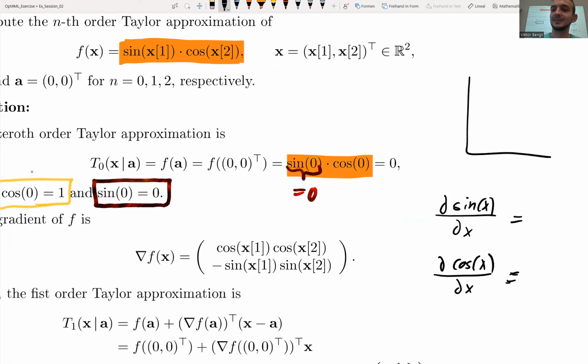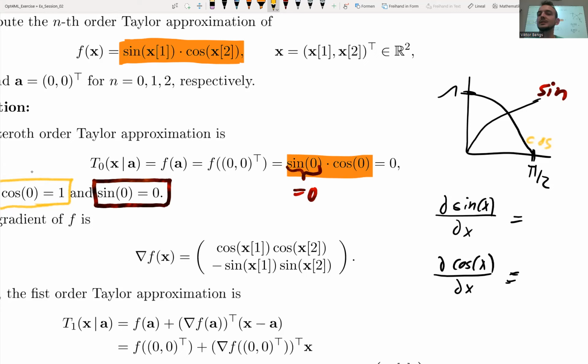Here at pi half, the cosine is 0, while the sine is 1 at this point. So this is the sine, this is the cosine.